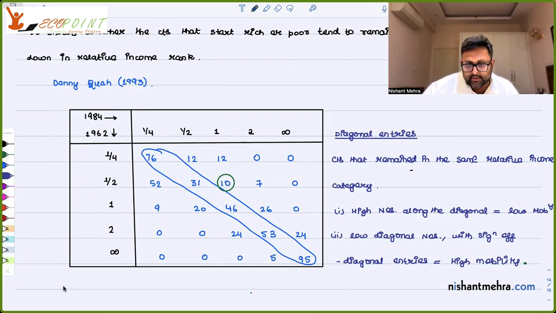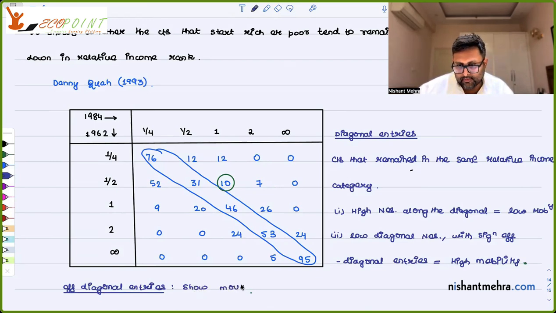You can also write that point: off diagonal entries show the movement between categories. For example, this 26.